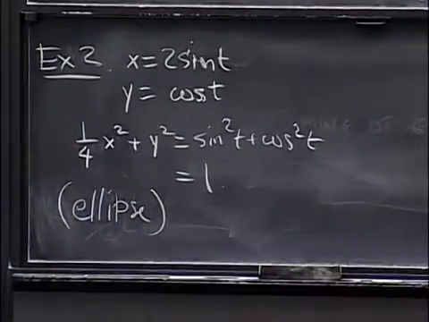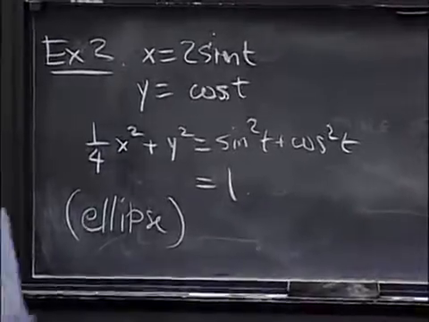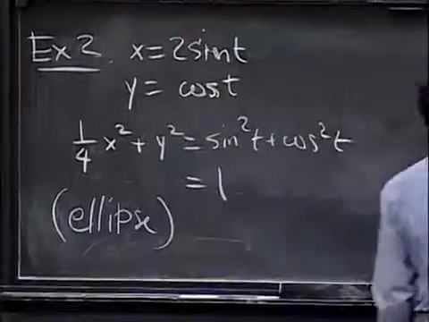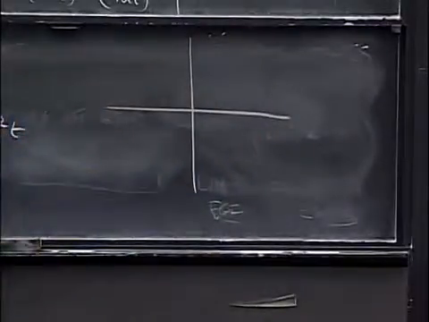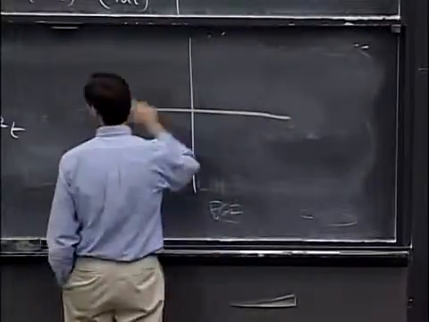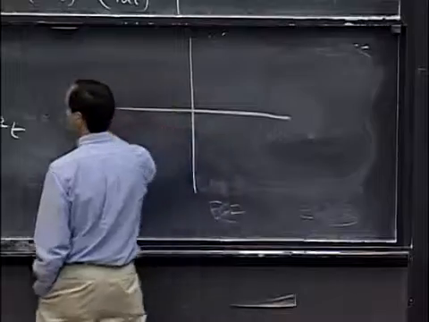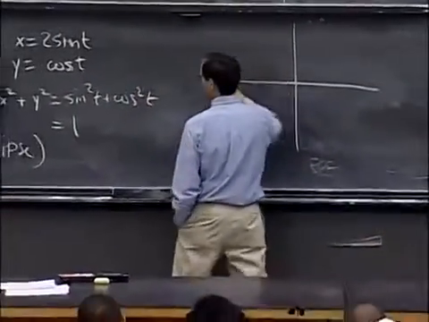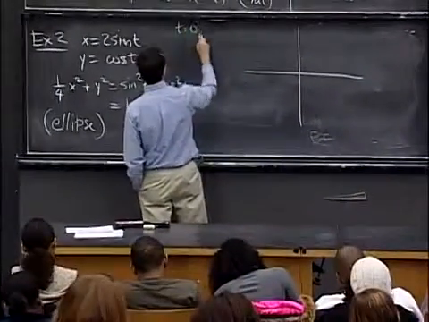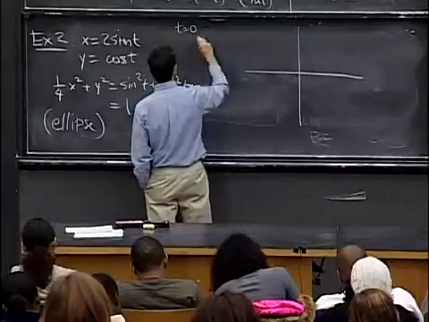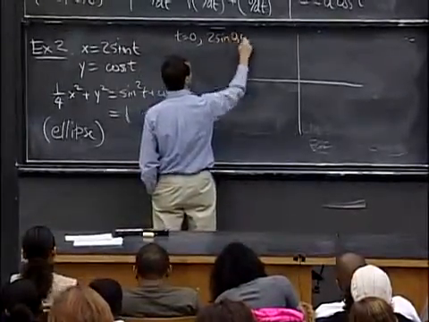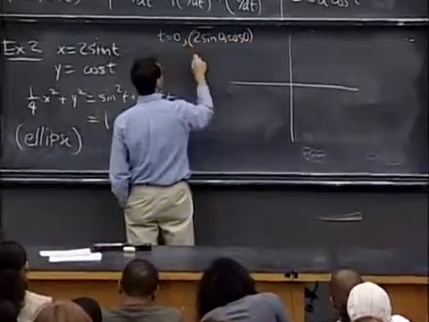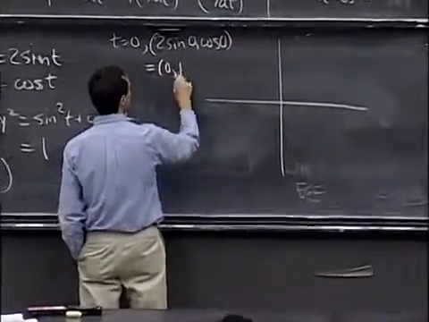Now, that's not the only information that we can get here. The other information that we can get is this qualitative information of where we start, where we're going, the direction. It starts out, I claim, at t equals 0. That's when t is equal to 0. This is 2 sine 0, cosine 0, which is equal to the point 0, comma 1.